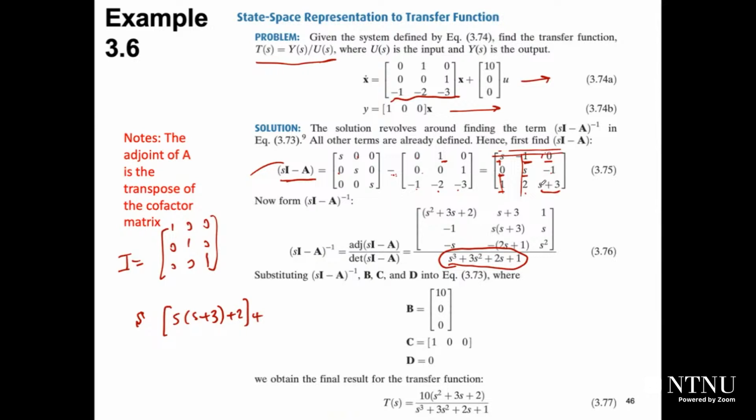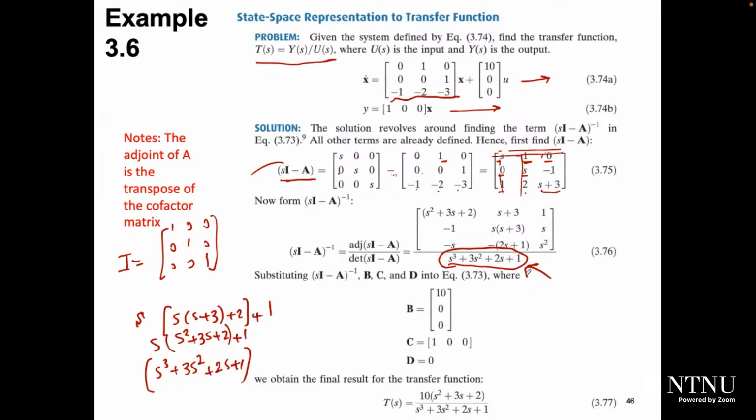So it will be 0 times this one minus 1, so it will be plus 1. We will get here 1. Just make it simple. Inside here, it will be S squared plus 3S plus 2 multiplied by S, plus 1. So in fact, it will be S cubed plus 3S squared plus 2S plus 1. So this one will be the determinant of your matrix. Now we need to get the adjoint of the matrix.